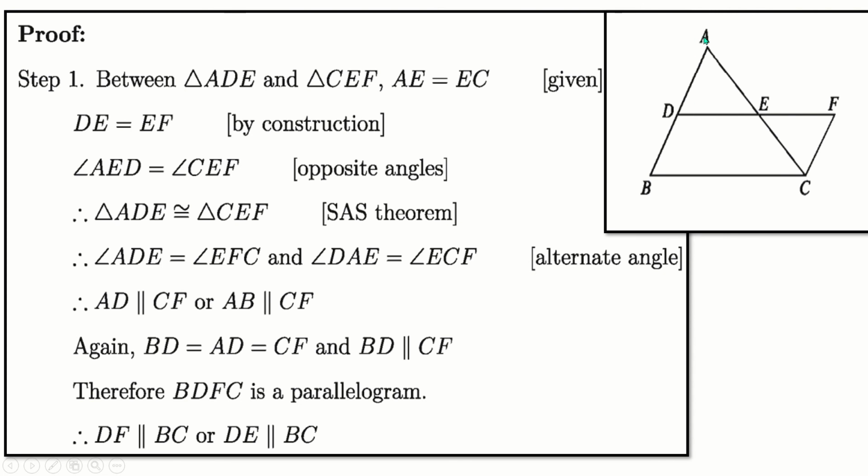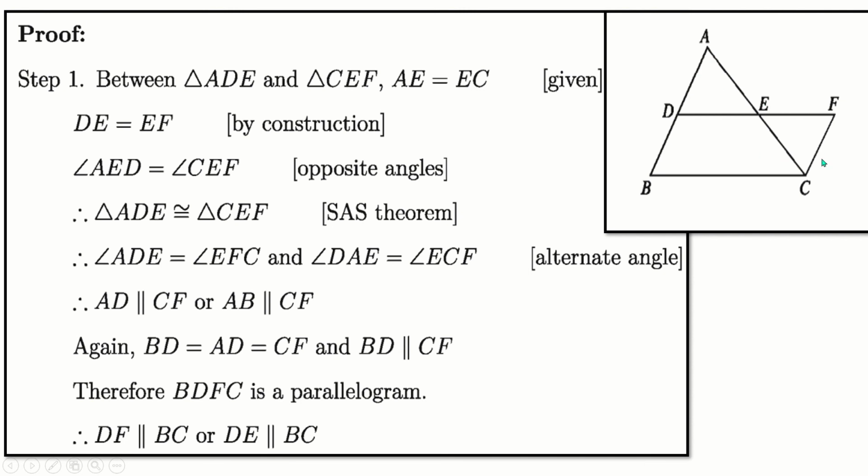Also we can say angle DAE is equal to angle ECF. Here angle DAE, that means this angle, and angle ECF, this angle, are equal. So we can say they are equal and alternate angles.